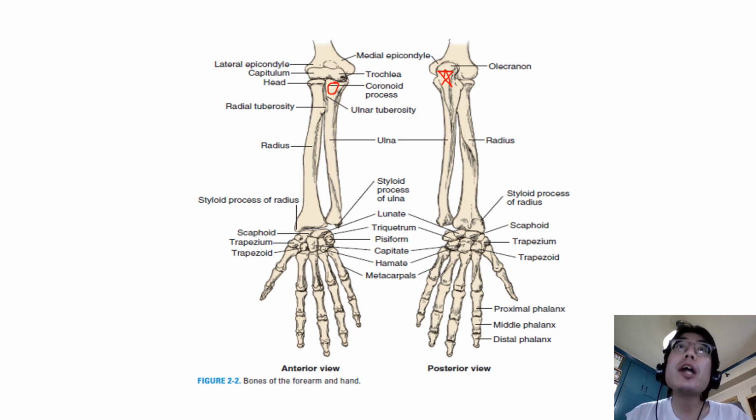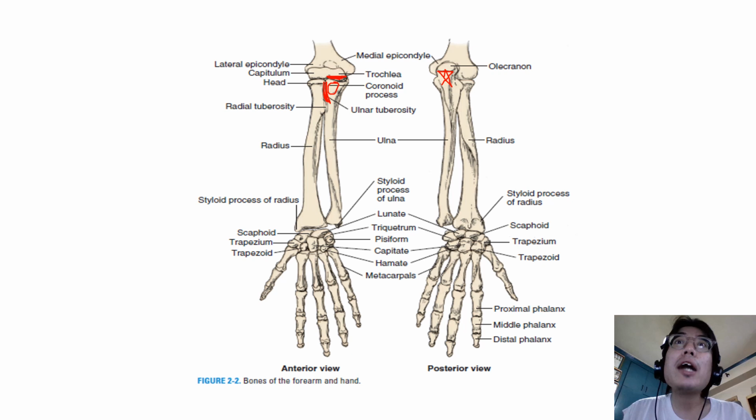The trochlear notch receives the trochlea of the humerus, and the ulnar tuberosity, we are marking here with a line, is a roughened prominence distal to the coronoid process that provides an attachment site for the brachialis.